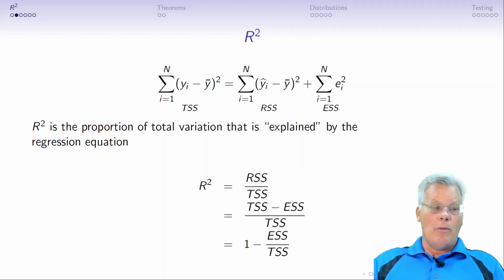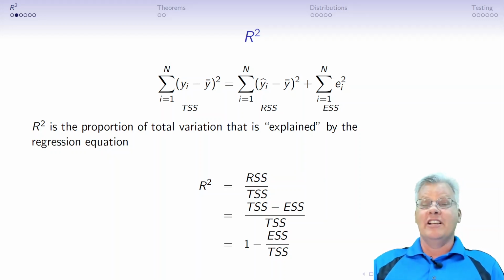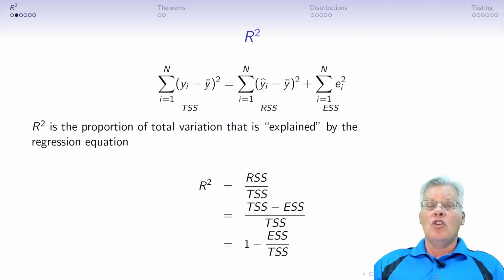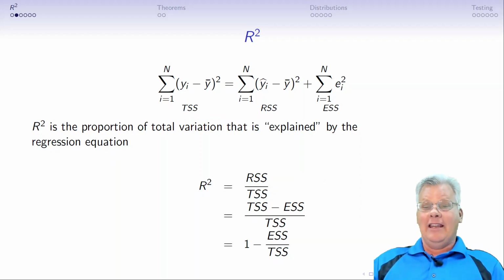Then, repeating what we have from the previous slide, we could describe the sum of yi minus y bar squared over all observations in the data set as TSS, or the total sum of squares. It's the total variation of y from its mean squared over the data sample. We can decompose that into RSS, which is the regression sum of squares, and then the final term on the right, ESS, the error sum of squares.